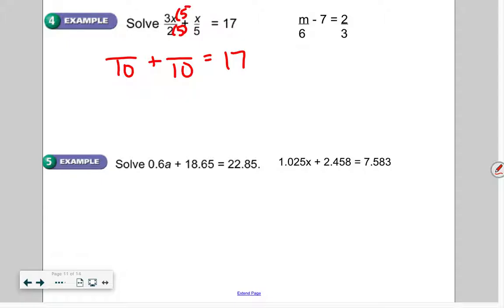So what is 3 times x times 5? 15x. What are we doing to 5 to get 10? So 2 times x would be? Now, how can we clear that equation of fractions?